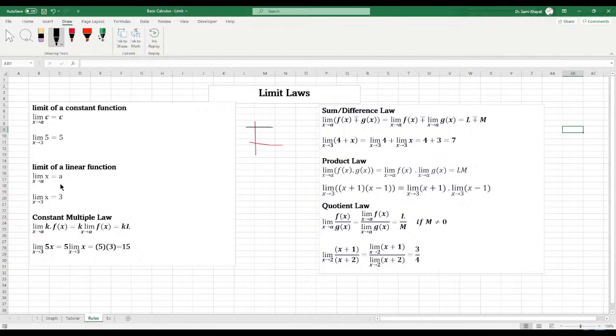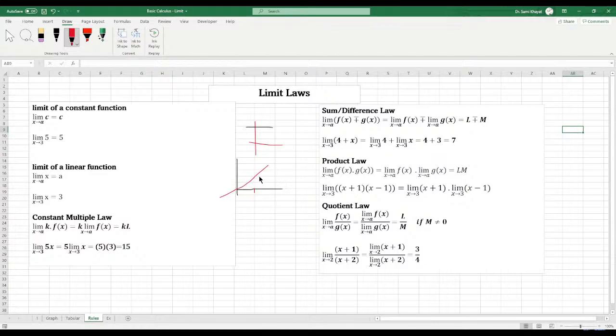Second, the limit as x approaches a of x, which is linear, y equals x, will give you a. Example, the limit as x approaches 3 of x will be 3. Because if you draw this one, it's the same: this is the 45-degree line, y equals x.